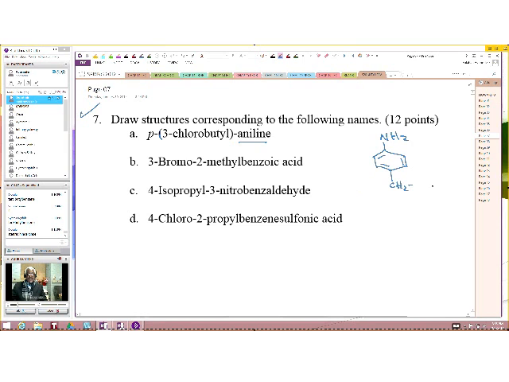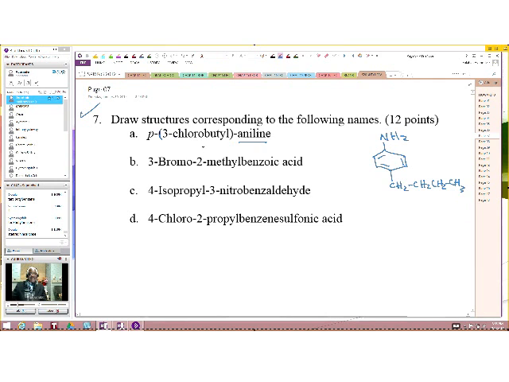CH2, CH2, CH2. Butyl means 4, right? So it says 3-chlorobutyl.